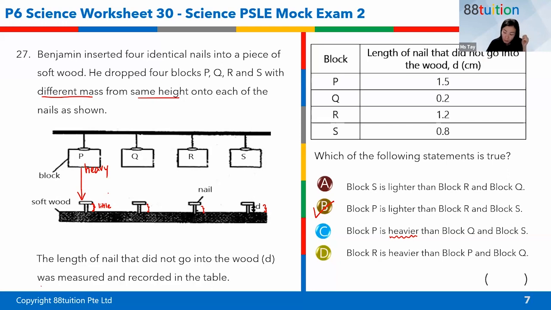For blocks Q and S, if they are lighter, this one should be a bigger value. For those blocks that are heavier, they will fall with greater force, so what is left of the nail definitely should be a smaller value.